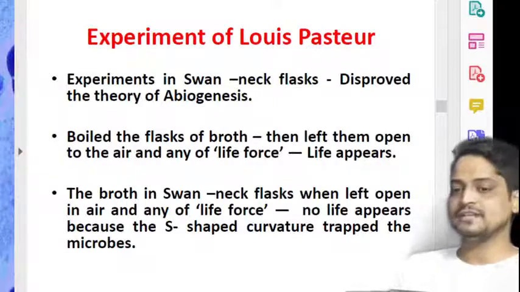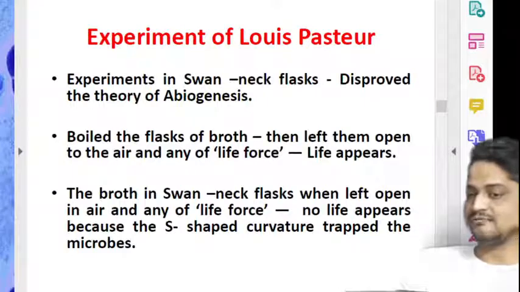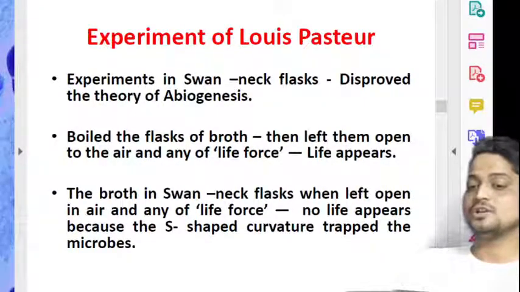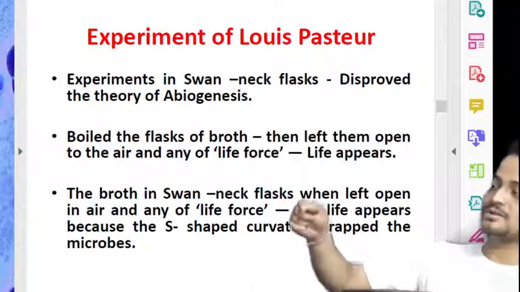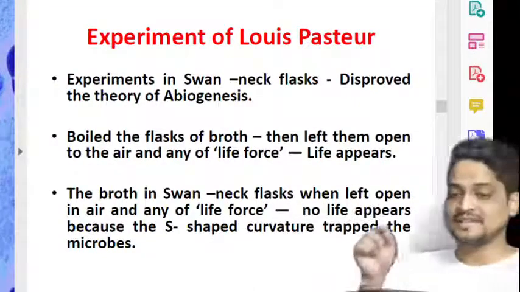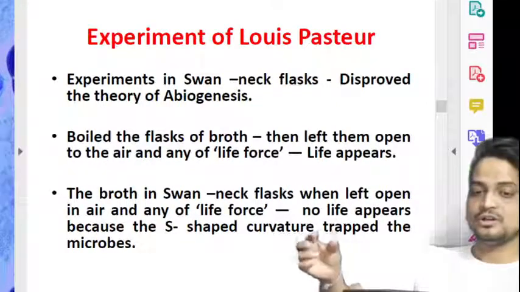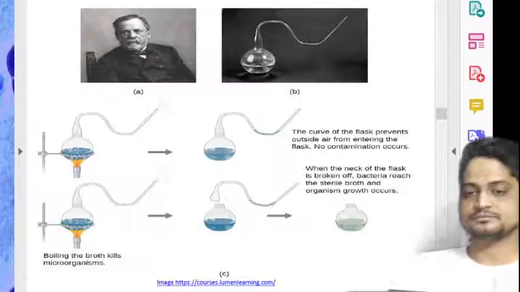Although the broth in the swan neck flask was open to air, no life appeared because of the S shape. Microbes can't cross the S shape; they are trapped in the neck, so there were no microbes in the broth.